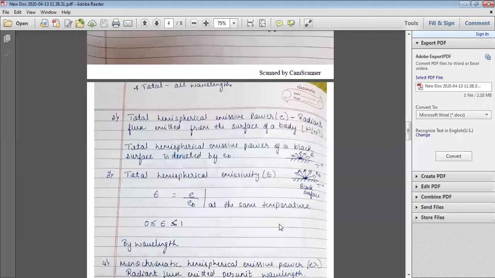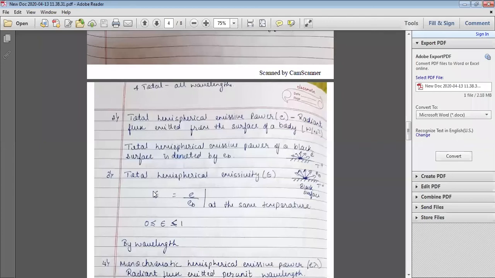E is the total hemispherical emissive power of a surface, and EB is that of a black surface.